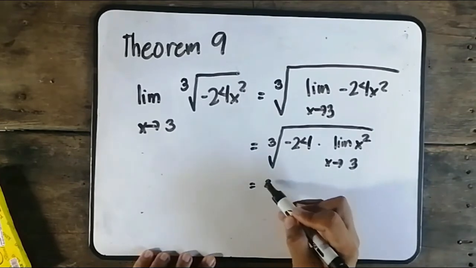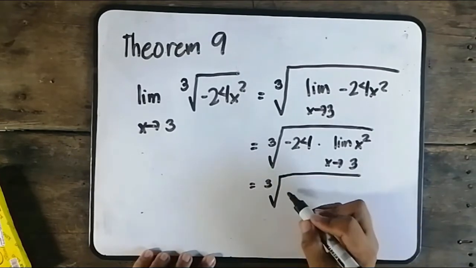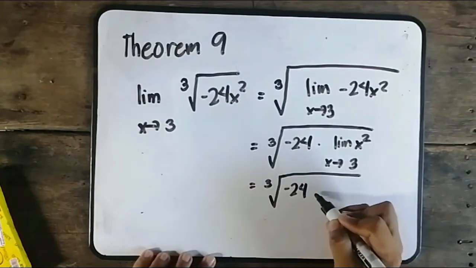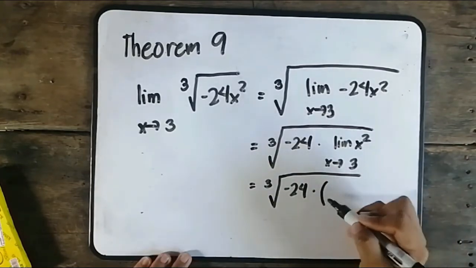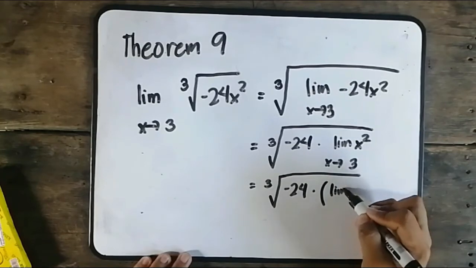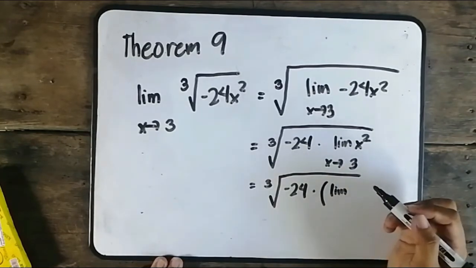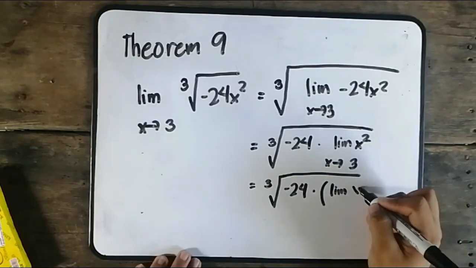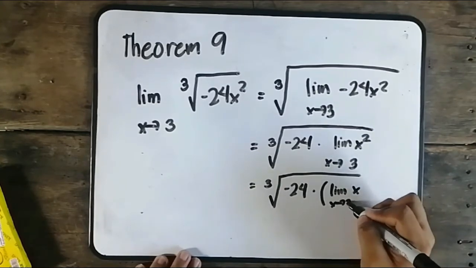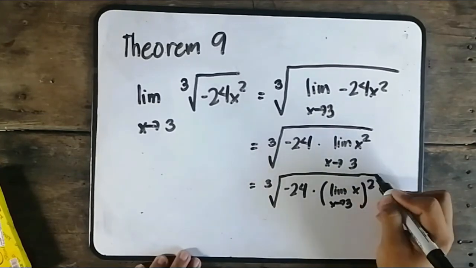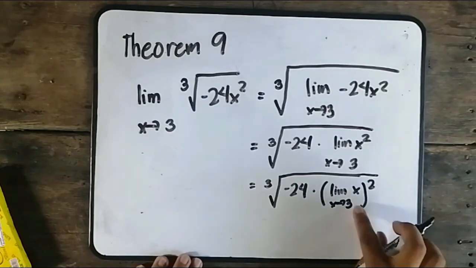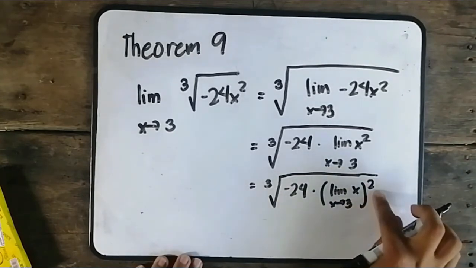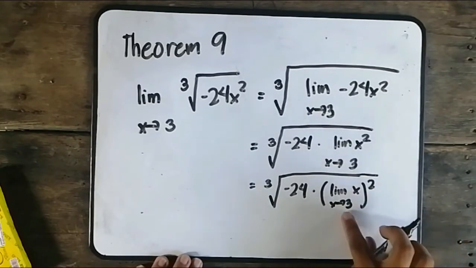Then we have the cube root of negative 24 times, ito, pwede nating gamitin yung limit theorem number 8 natin. Okay? So, x as x approaches 3 squared. So, what is this now? This is now 3 squared. Tama? Ito by theorem.